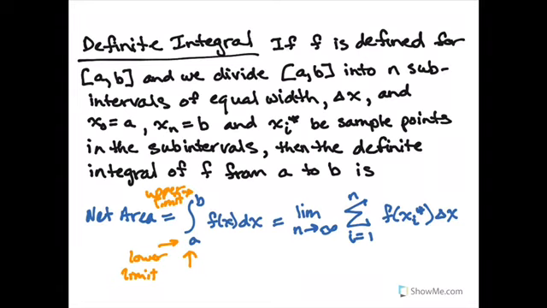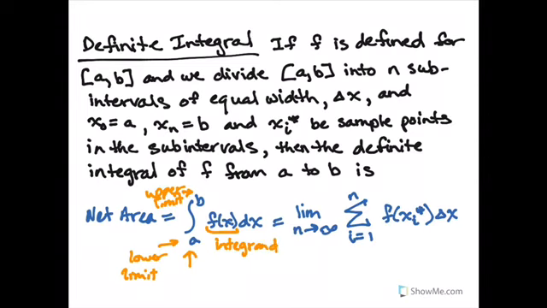This S thing here, it's like a squished but elongated S, and they use that symbol because it's a summation of all the rectangles, right? So it stands for sum, but we just call it the integral symbol. This right here, the function, is called the integrand.